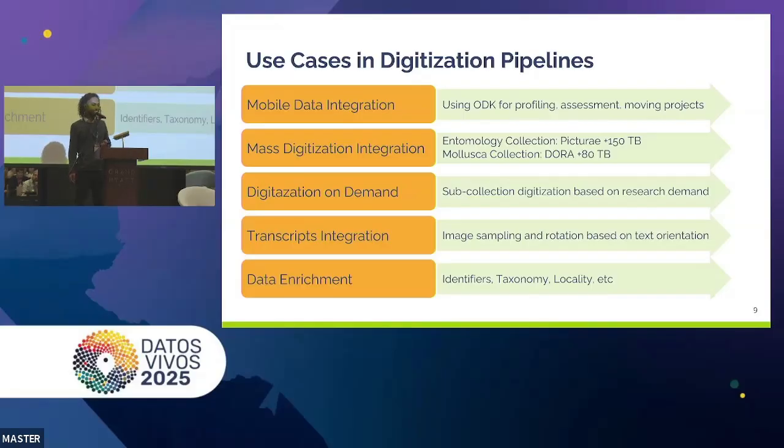We also used some machine learning to rotate the images based on the orientation of the text in the images, and we used Data Hub for this purpose. We can also use it for some data enrichment on taxonomy and so on using international databases.